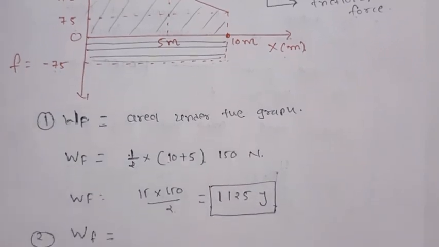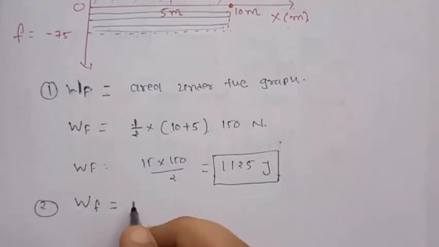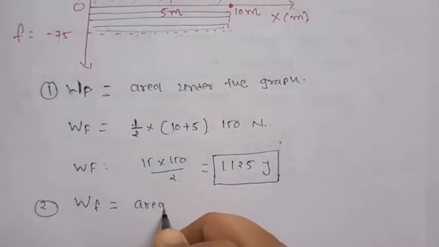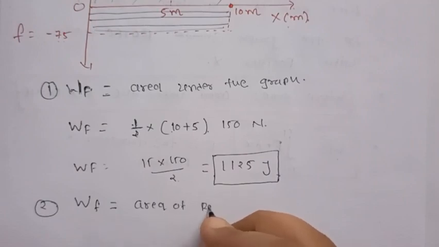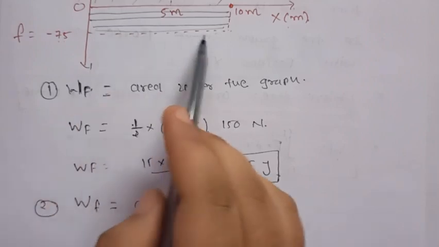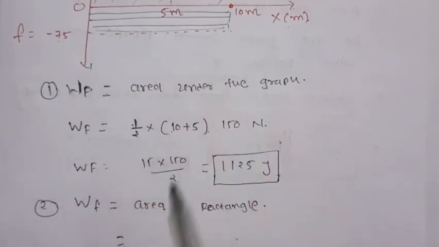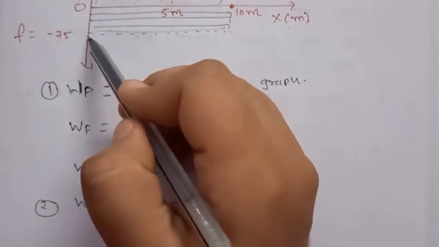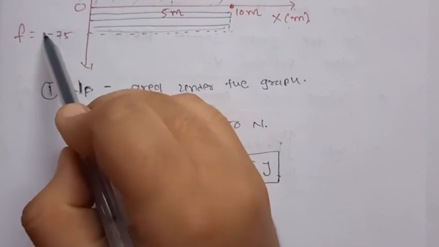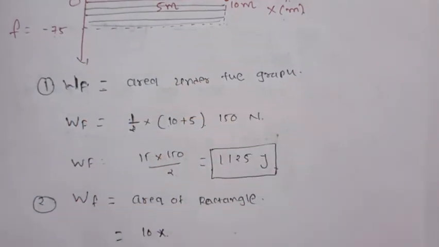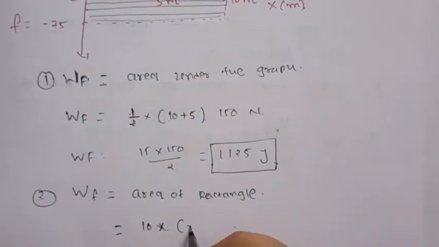So work done by frictional force will be the area of the rectangle, that is equal to, this length is 10 meter, so 10 into, this height is 75 but the force is negative, so we will consider the sign, that is minus 75.